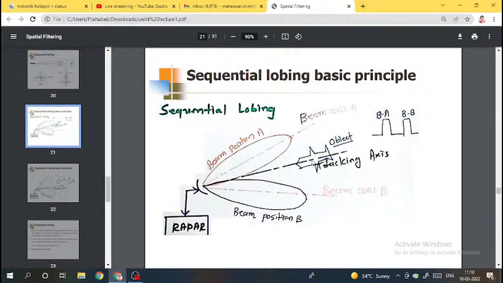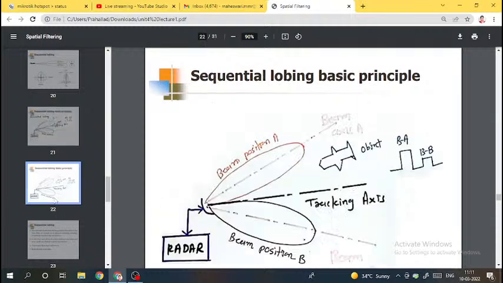So this is the center, and the axis beams are squinted or switched, position A and position B. Now the target axis and this beam axis and the center of the beam are the same. So what will be the amplitude of the two received signals at this position and this position? Both the amplitudes will be the same.